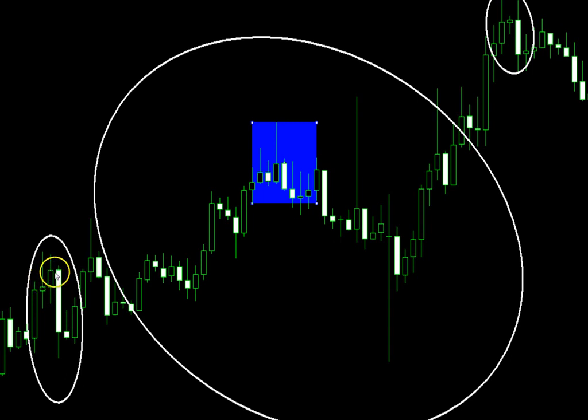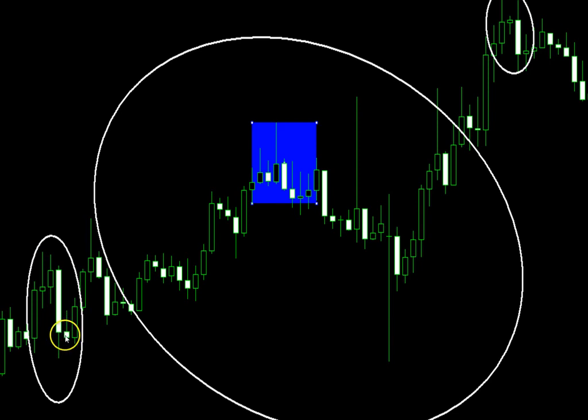And right here, this candle is a bearish engulfing candle. It consumes the candle to the left. It lets you know that the move now is going to be bearish. So this is a bearish engulfing candle. And then what we have right here is a morning star.